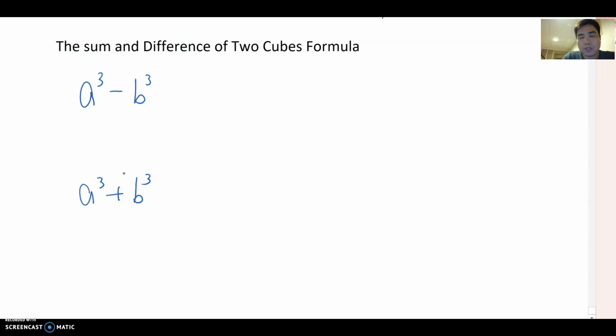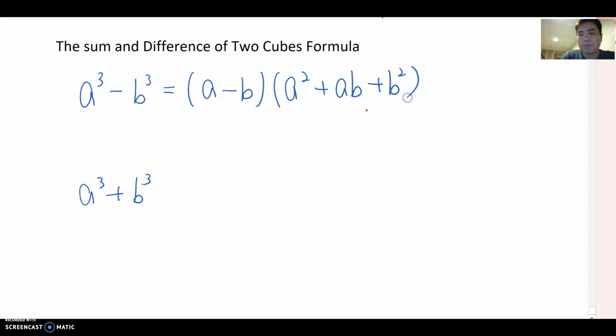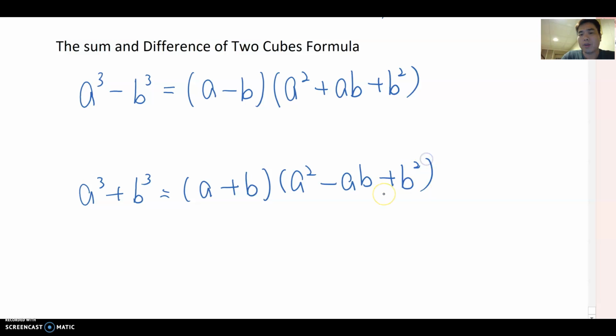So please look at this formula and what follows. This becomes a minus b, and the right side becomes a square plus ab plus b square. Similarly, this becomes a plus b, and the right side becomes a square minus ab plus b square.